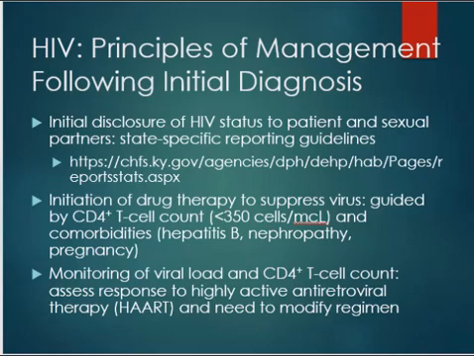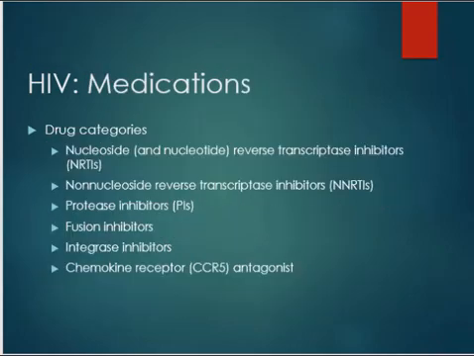Medications include nucleotide reverse transcriptase inhibitors, protease inhibitors, fusion inhibitors, integrase inhibitors, and chemokine receptor antagonists. And I don't feel comfortable with any of these medications because this is not an area that I've studied, but just to be aware of the class of medications that could be used for treatment.